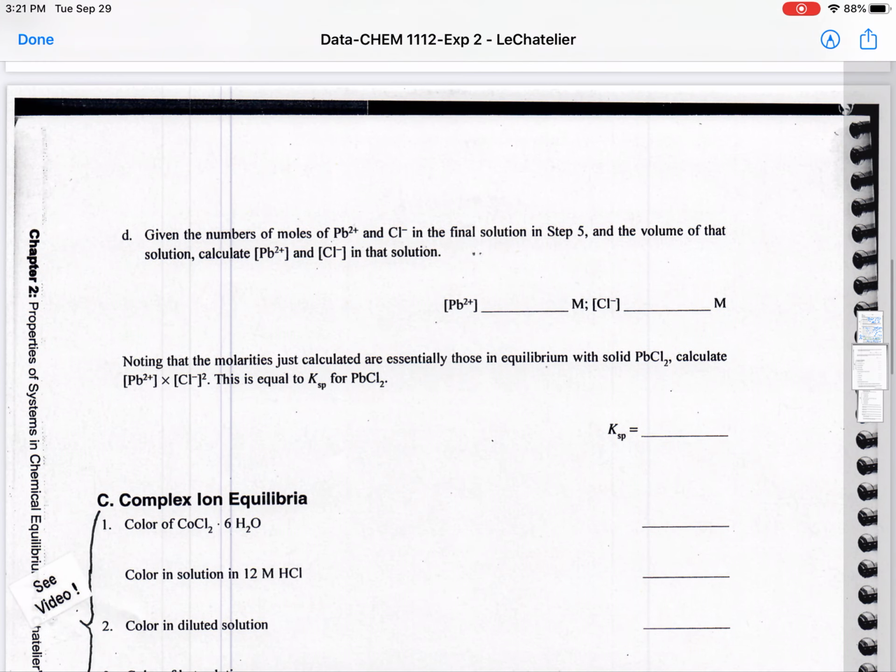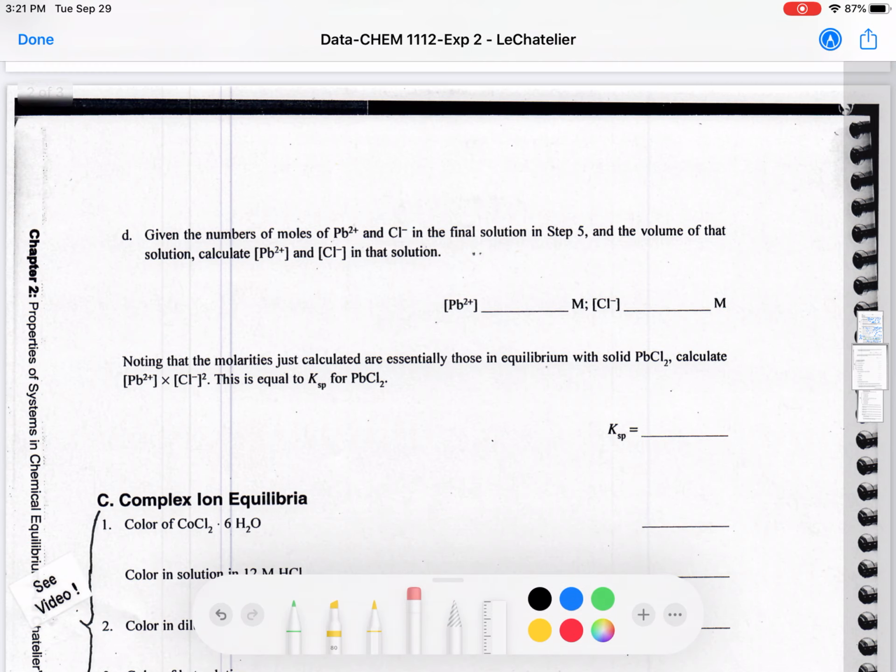You guys know how to calculate the concentrations. The concentration is basically number of moles over volume. So for the lead ions, Pb2+ concentration, the number of moles is 1.5 × 10^-3 moles, and you divide by the volume, which is 14 × 10^-3 liters.